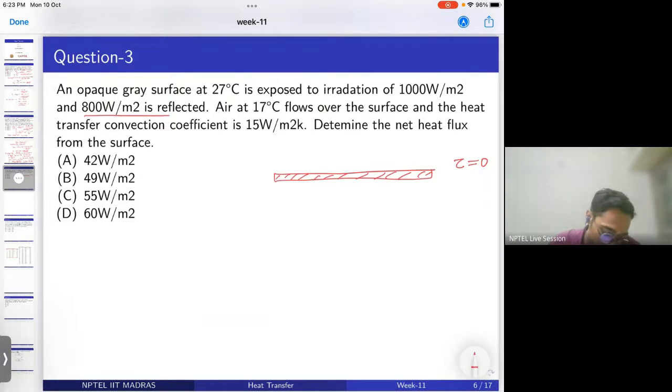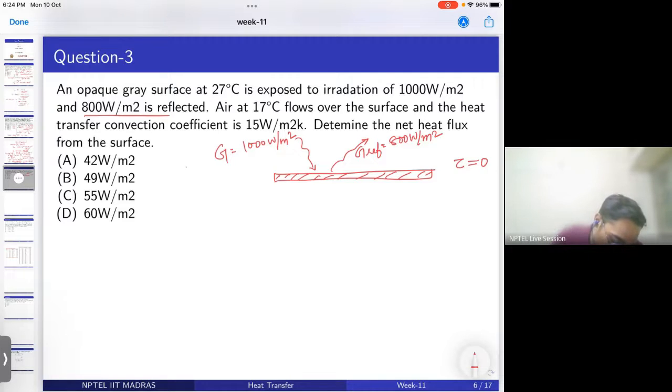So an irradiation of 1000 watts per meter square is coming, and a part of this is reflected. G is the irradiation, and G reflected is given in the question, that is 800 watts per meter square.